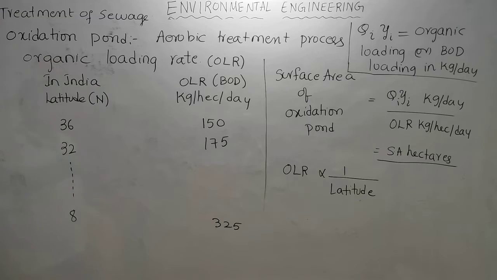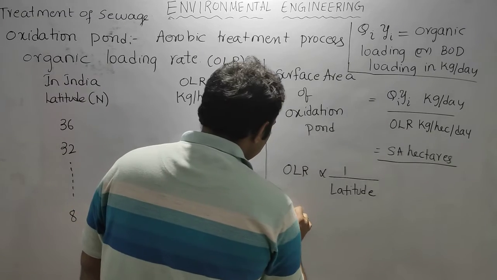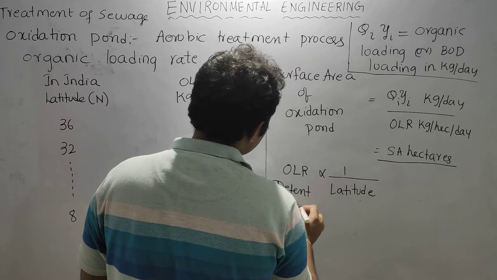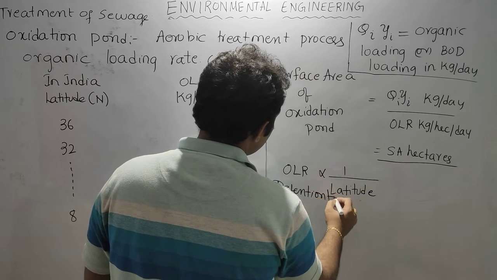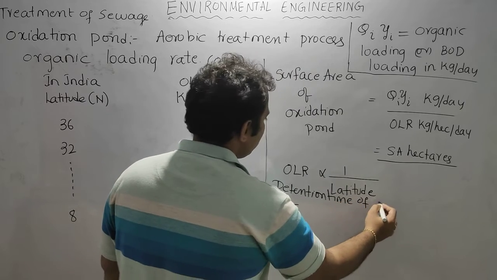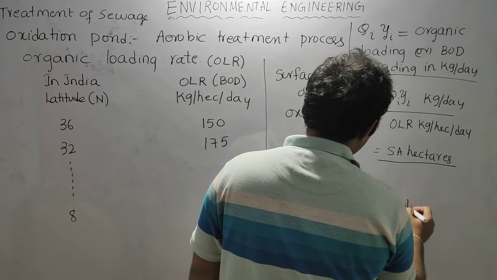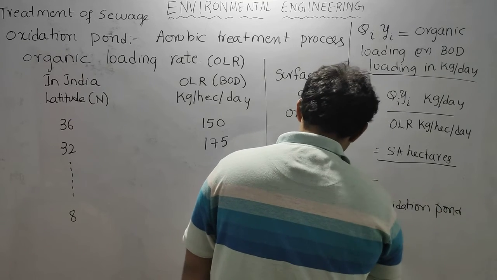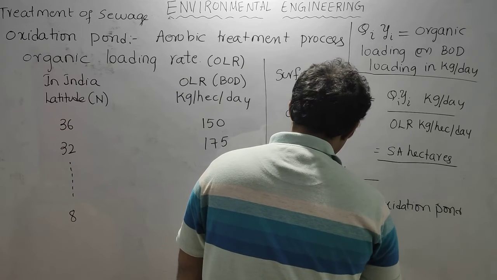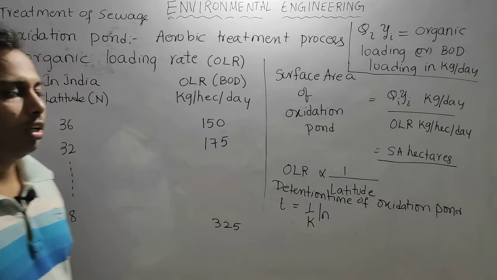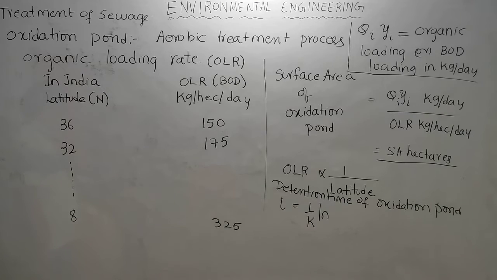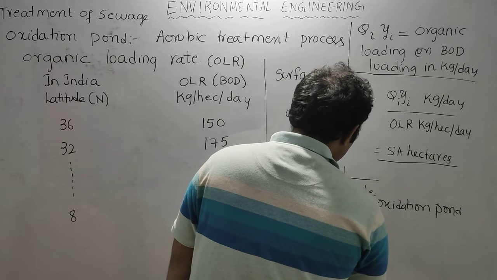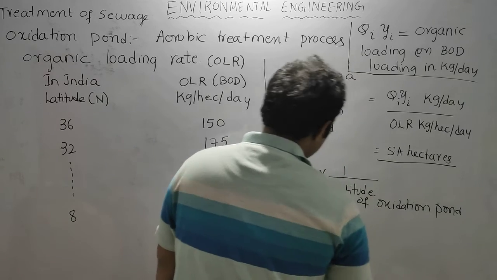So the detention time of the oxidation pond, T, is equal to 1 by K ln of Yi by Ye. What is Yi?